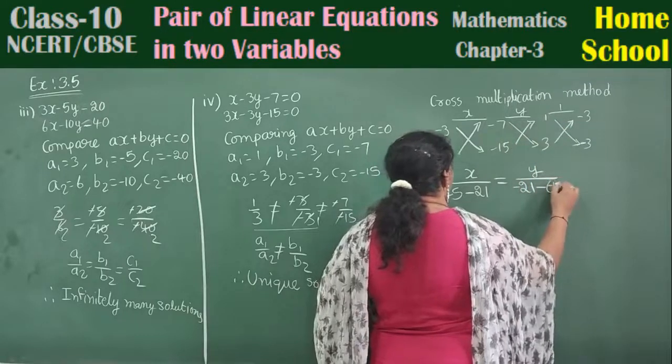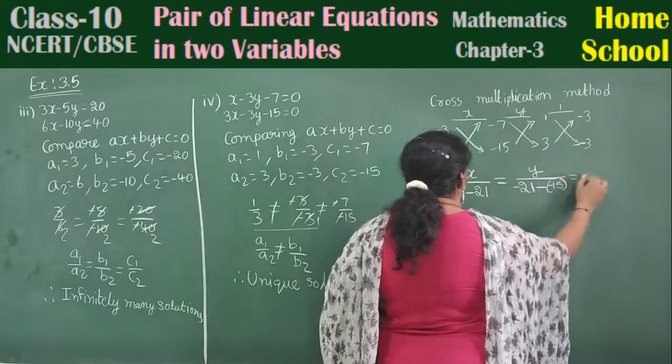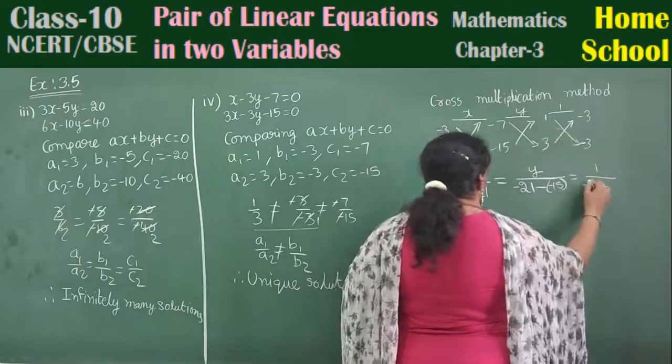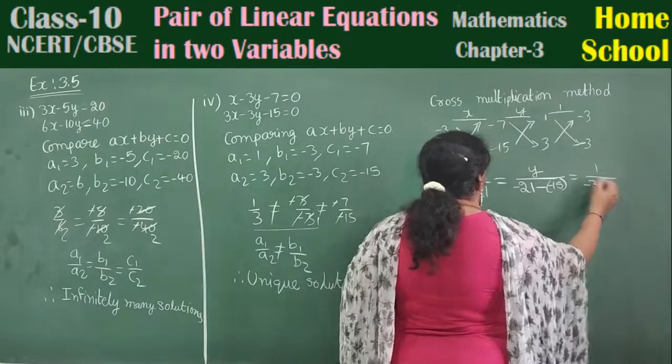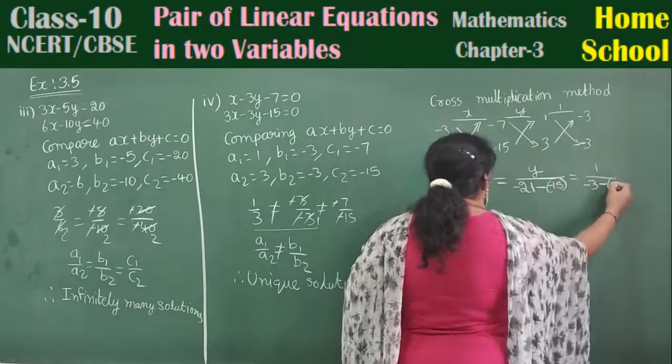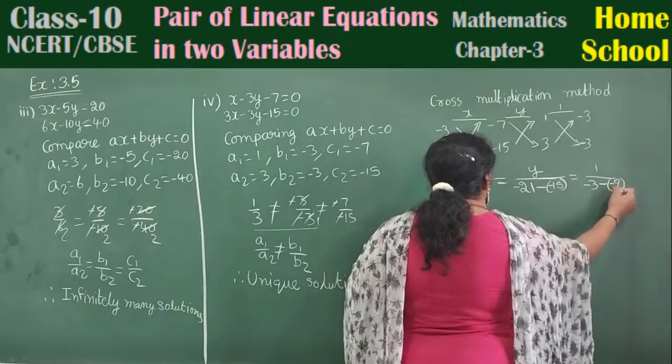It will be minus 15, put it in brackets, is equal to 1 by 1 into minus 3 minus 3 minus 3 3s are 9 and you have a minus sign minus 9.